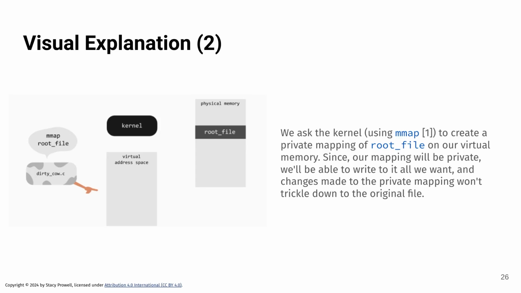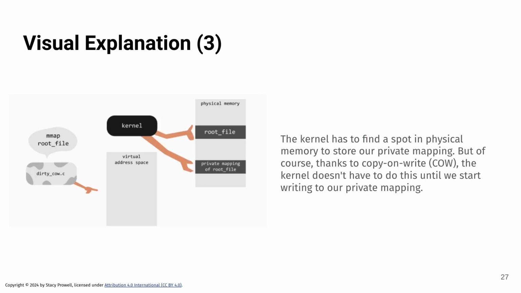So we say, hey, kernel, I would like a copy of root file to be mapped into my virtual address space. And the kernel says, okay, I can do that. In order for me to do that, I need to go ahead and create a spot for that. Okay? It needs to find a spot in physical memory to store our private mapping. But wait.